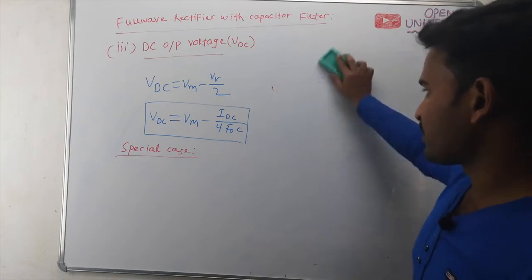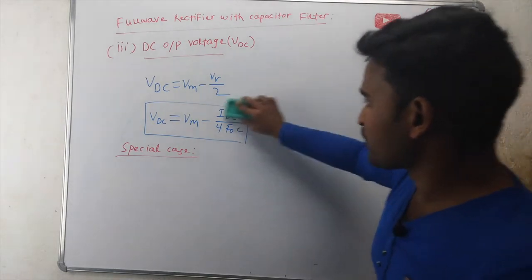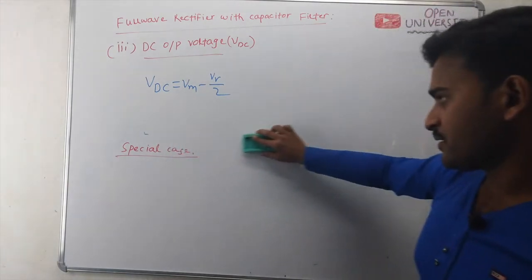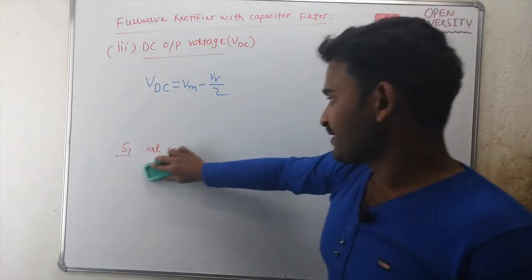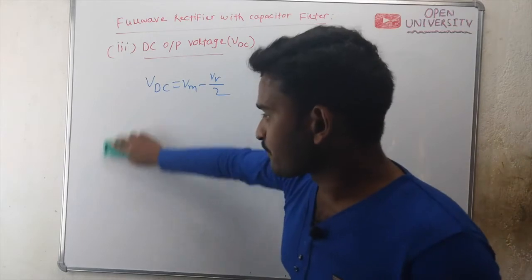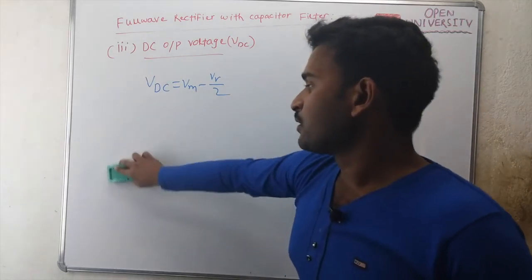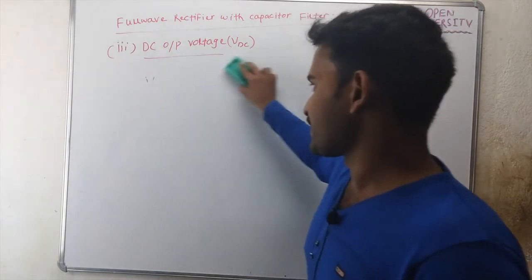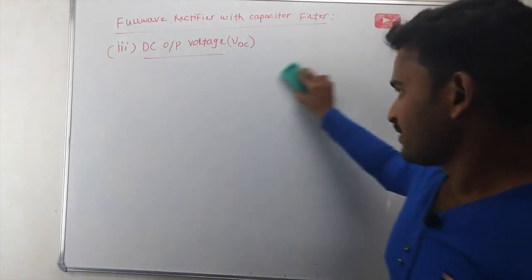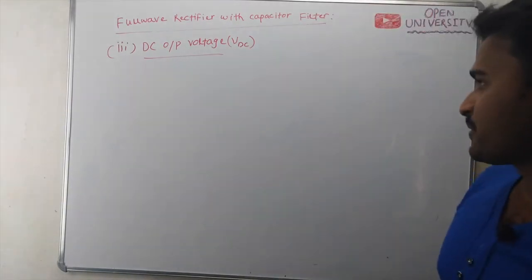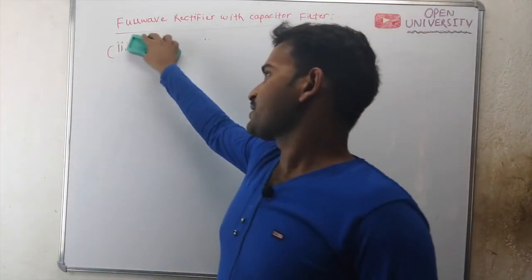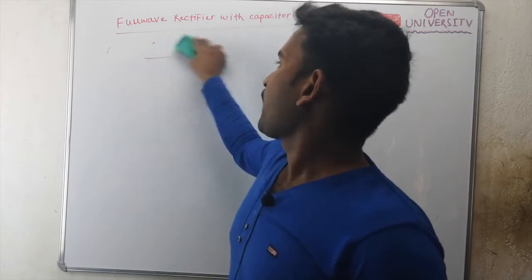What is the output voltage and what is the peak inverse voltage? In both special cases, output voltage remains at Vm, V naught is Vm, and peak inverse voltage is also 2 Vm. You need to remember these two things.